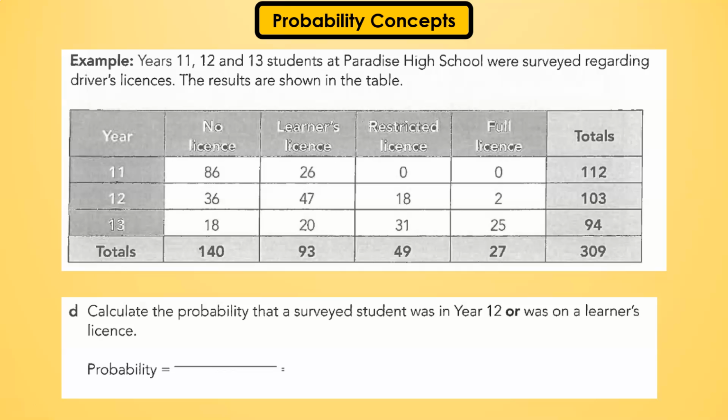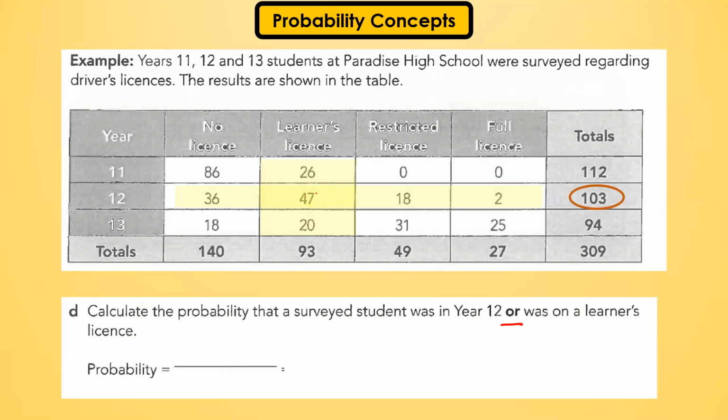The next one, calculate the probability that a surveyed student was in Year 12 or was on a learner's license. When the word or comes up in probability, you should automatically think of addition. So we're going to have to add two values together. First of all, what is the probability that a student was in Year 12? Is that line, and the values for someone on a learner's license is that line.